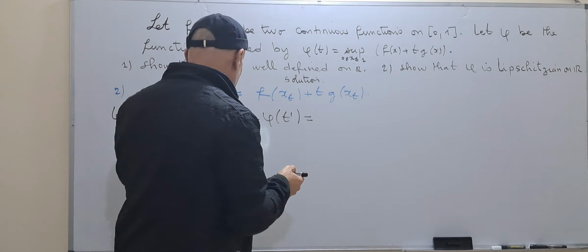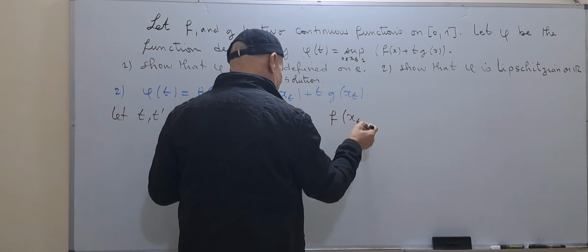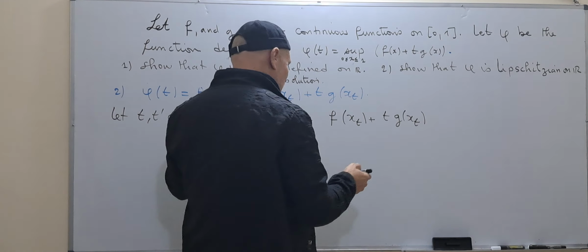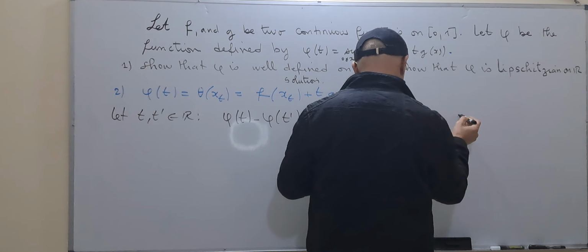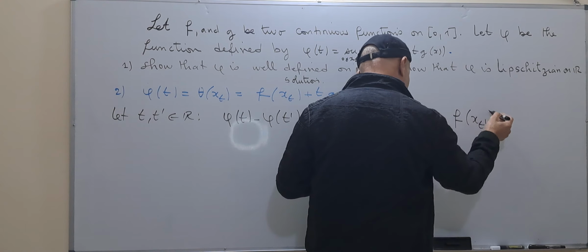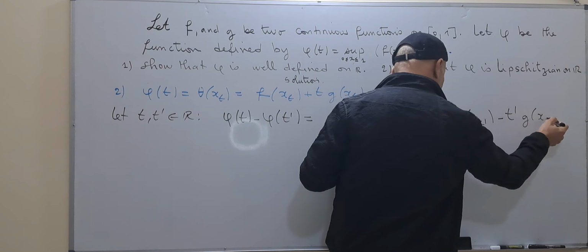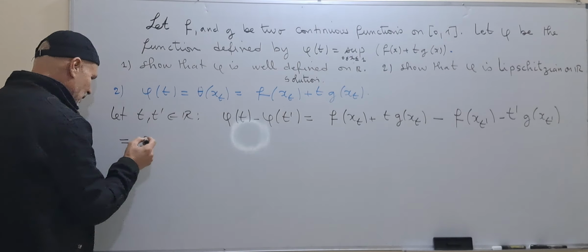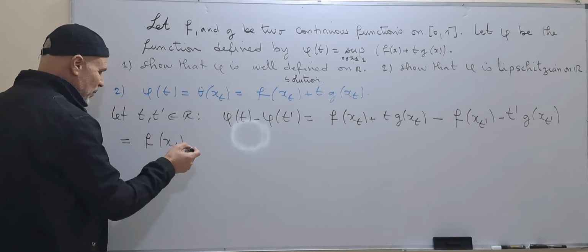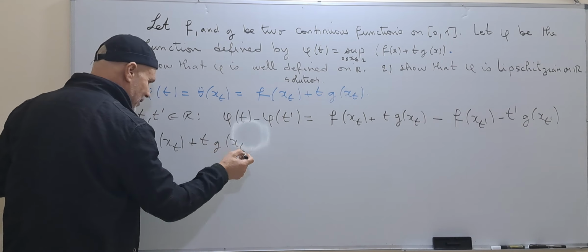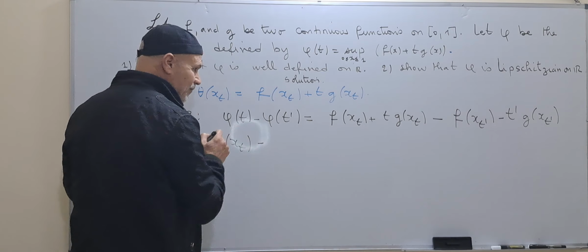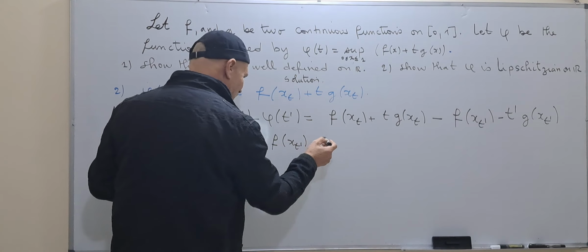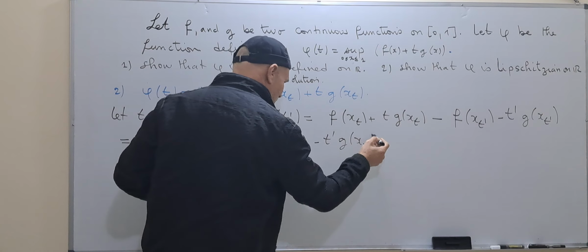This is equal by definition to f of x_t plus t g of x index t minus f of x_t prime minus t prime g of x_t prime, which is equal to f of x_t plus t g of x_t minus f of x_t prime minus t prime g of x_t prime.